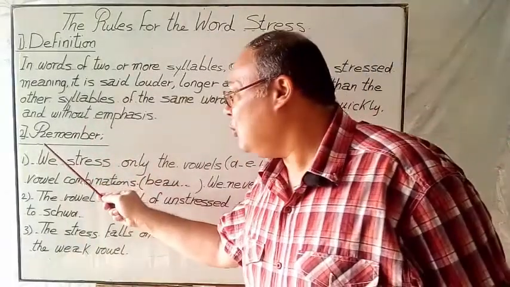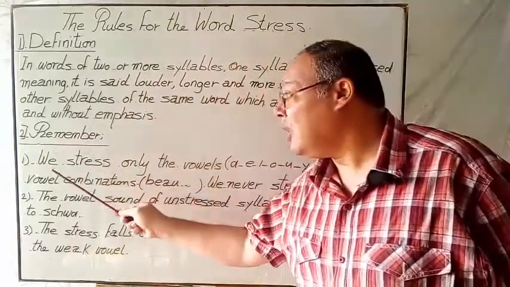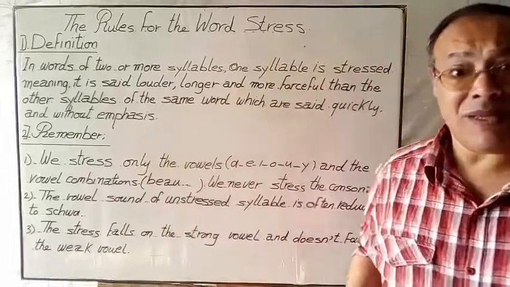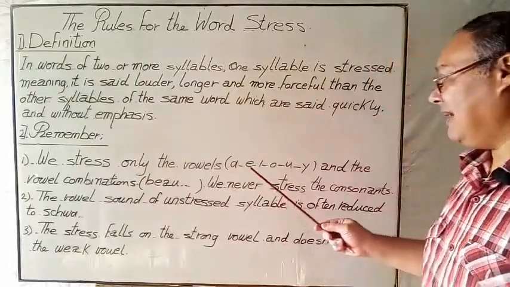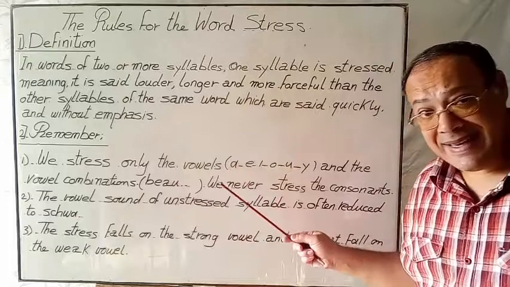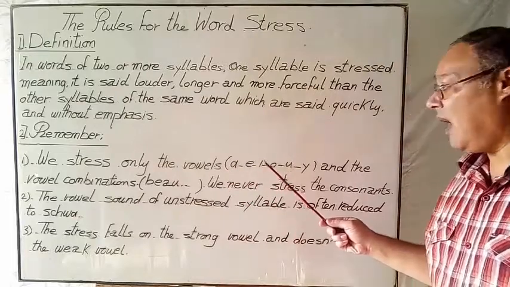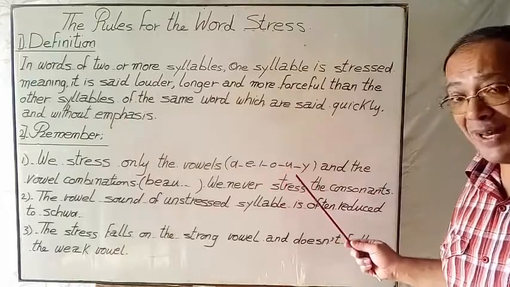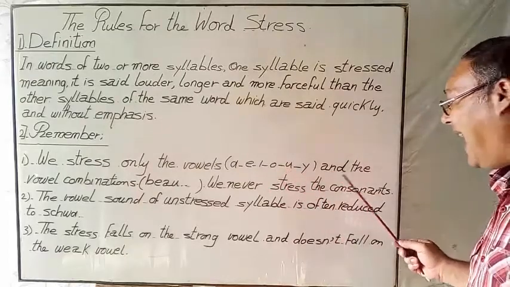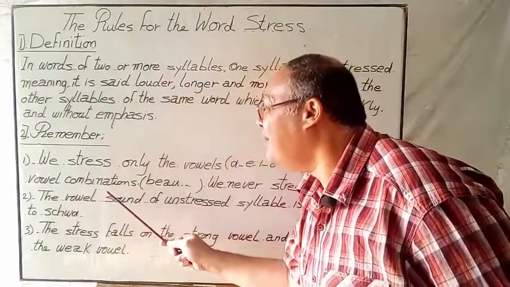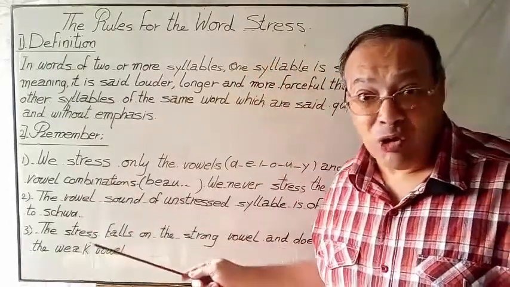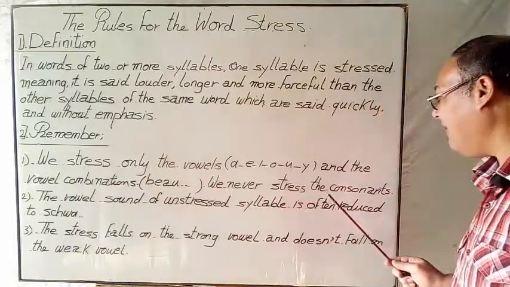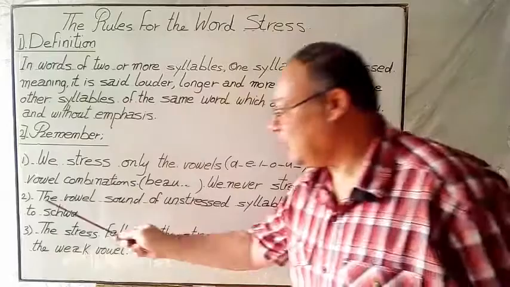Remember. 1. We stress only the vowels, meaning the vowel letters, namely A, E, I, O, U, and sometimes Y, and vowel combinations like in beautiful. We never stress the consonants. 2.